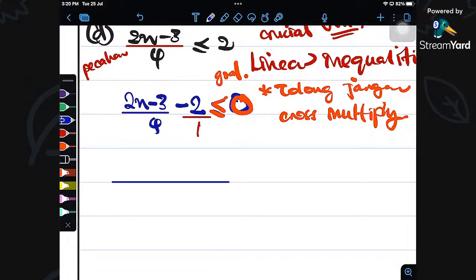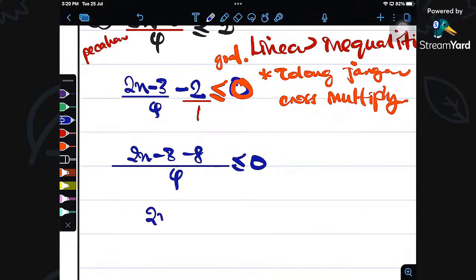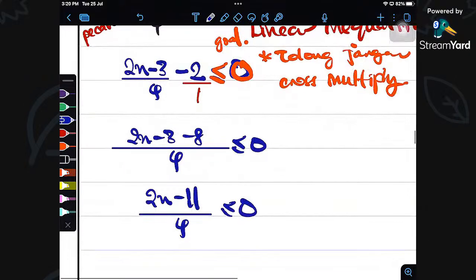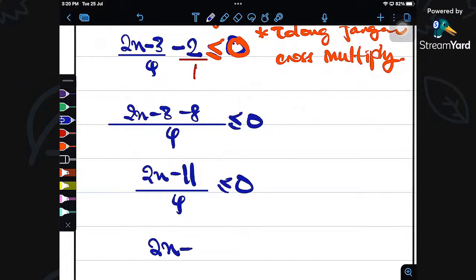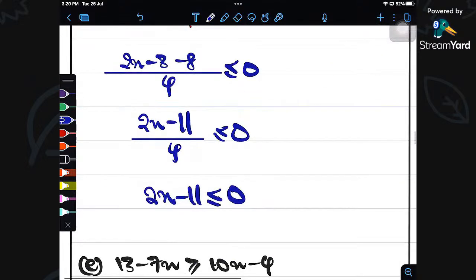So the next part is where you can samakan denominator. When you equate the denominator, you will get 2x minus 3 minus 8 lah. And therefore, you will get 2x minus 11 over 4, isn't it? And then all of a sudden, madam macam, oh, the answer is just 2x minus 11 less than or equal to 0.